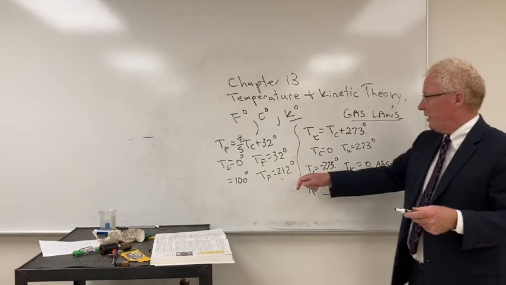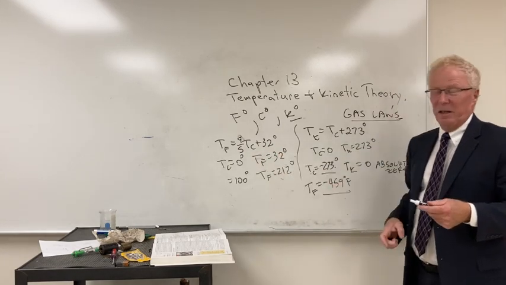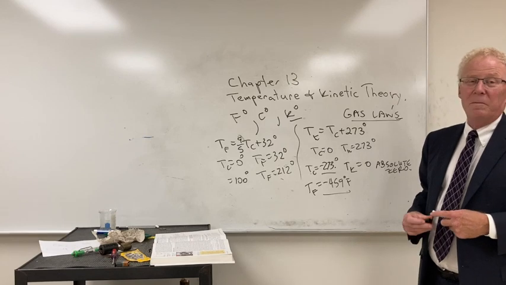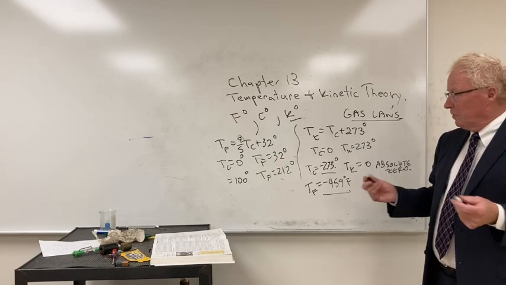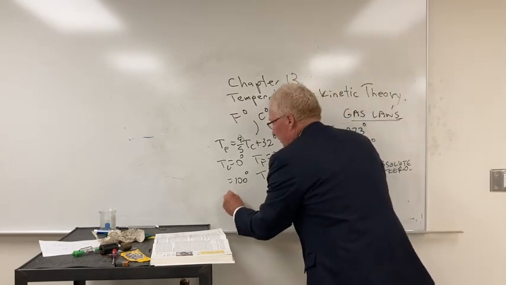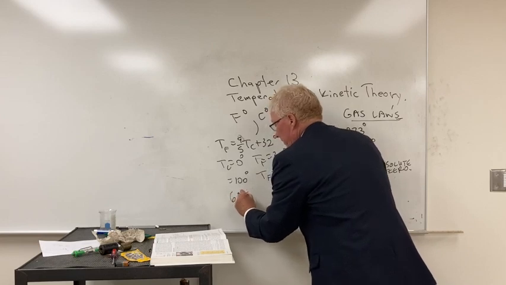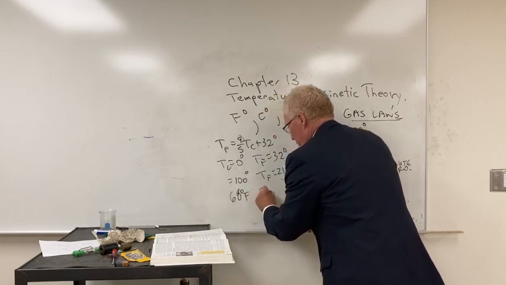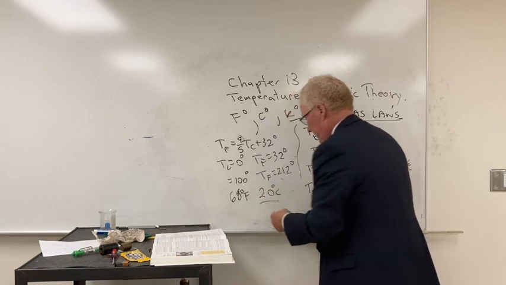We're really not going to do anything with converting Celsius to Fahrenheit. It's handy to know for certain things, like room temperature: 68 degrees Fahrenheit is approximately 20 degrees Celsius, things like that.